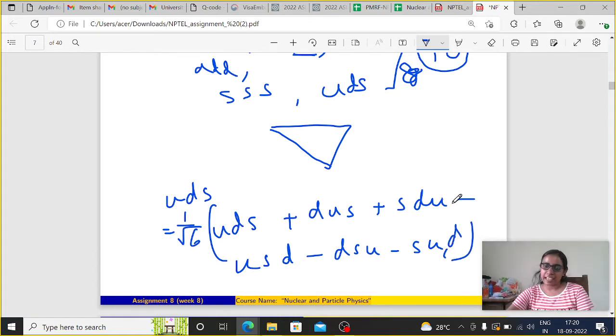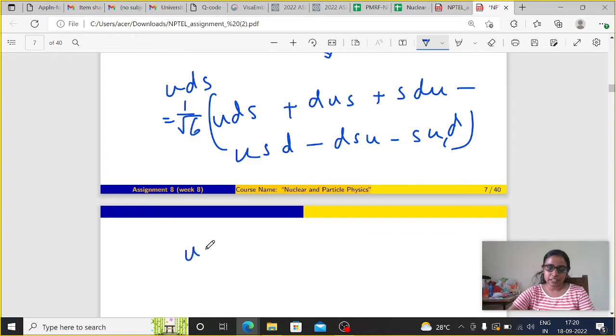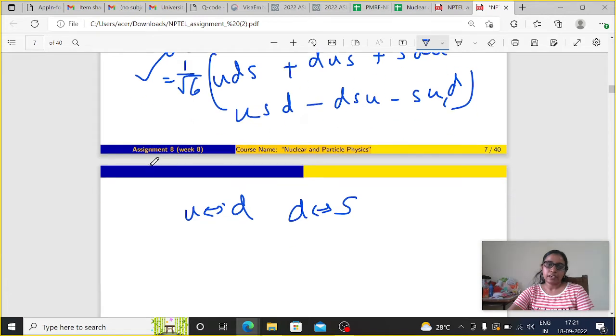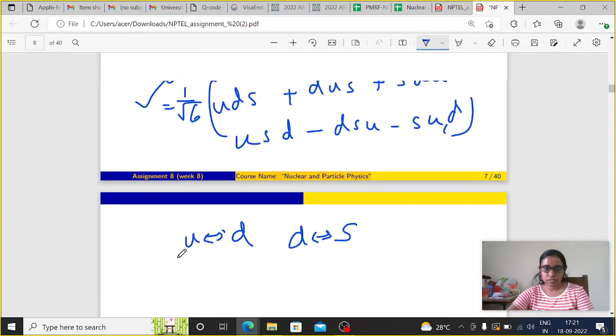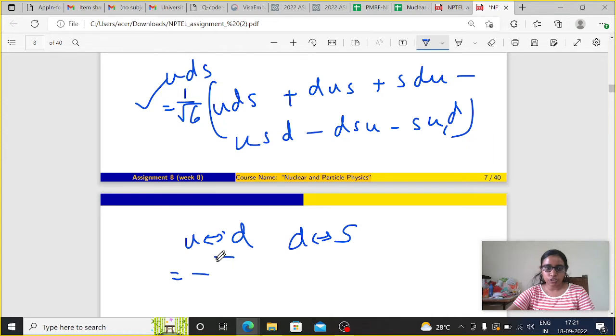Now do the same thing. What was that? U is interchanged with D, and D will be replaced by S. Do the same thing in that configuration. Then what will happen? It will come out as minus of the previous one. Do you understand? If you interchange the same thing, that U will be D and D will be U simultaneously, as well as D will be S and S will be D simultaneously, then you can have minus of the whole previous expression.